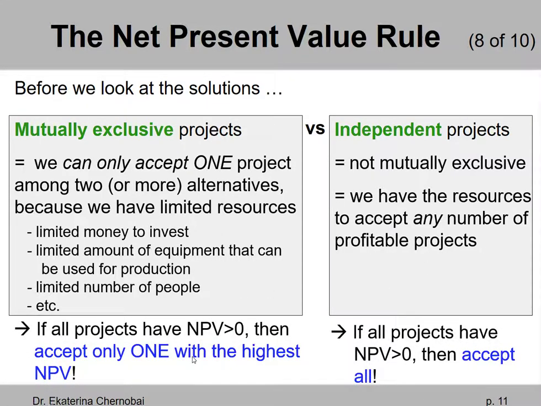And to summarize, when you compare the net present value for your multiple projects, if they're all above 0, then you accept only one project, the one with the highest NPV. That's if the projects are mutually exclusive. If the projects are instead independent, then whichever projects have the NPV above $0 should all be accepted.